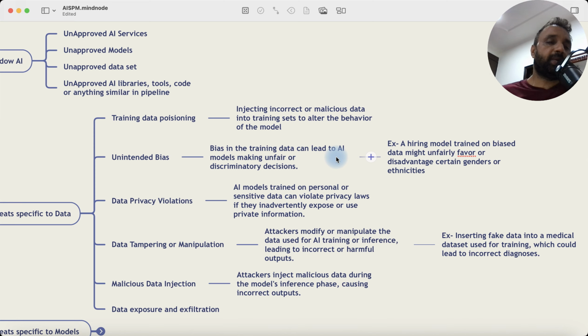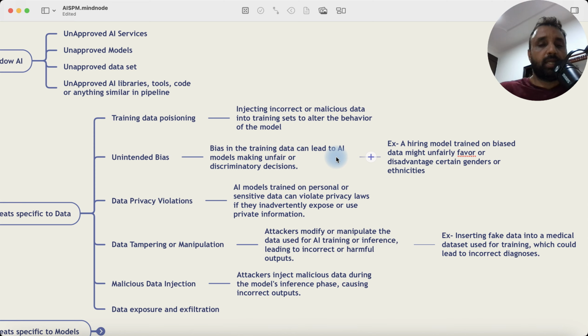The second one could be unintended bias. This is all about understanding bias in the training data that can lead to an AI model making unfair or discriminatory decisions. Example, a hiring model trained on biased data might unfairly favor or disadvantage certain genders or ethnicities. The third threat on the data side could be data privacy violations.